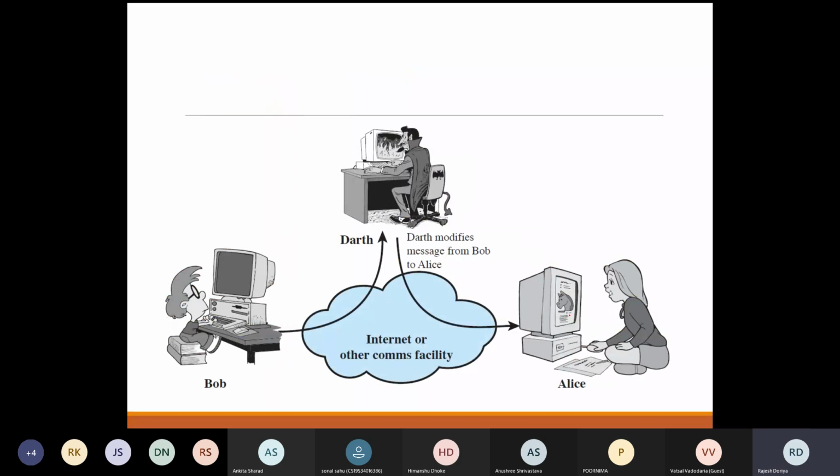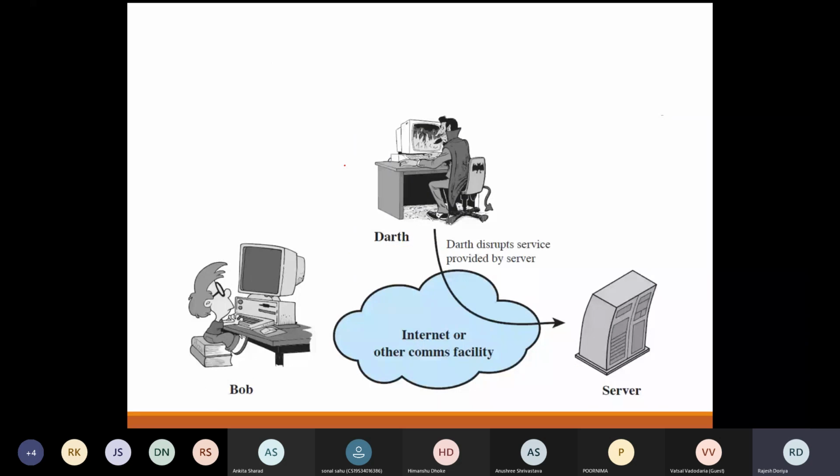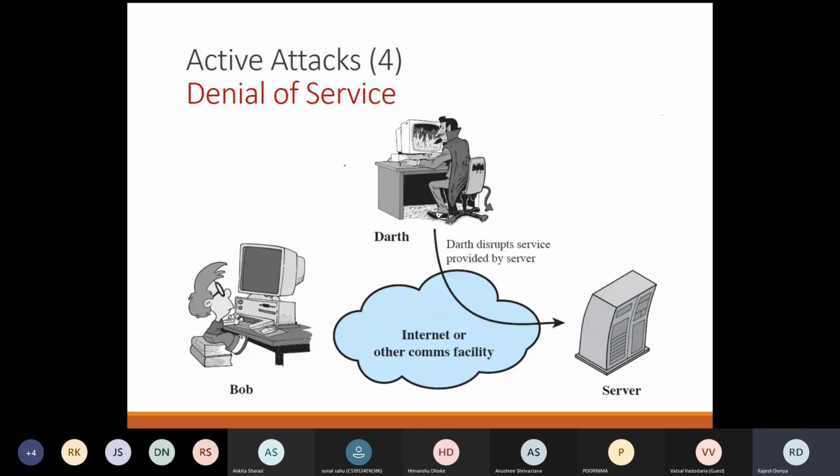Then the third one. In this one, Bob is sending some message to Alice, but this time Darth is modifying the actual message, and after modifying the message, he is sending it to Alice. This is called modification of messages. And this is the fourth type, which is denial of service.